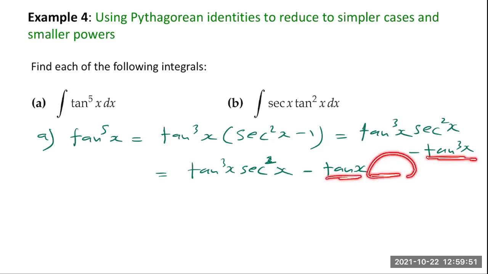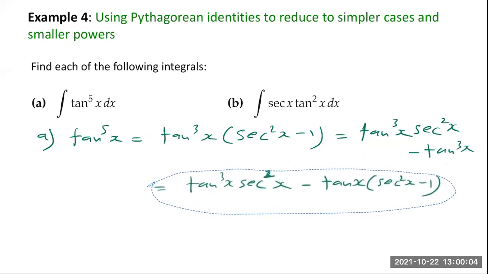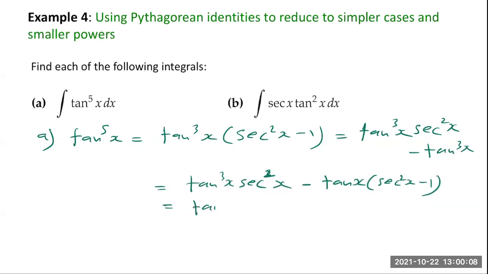But tan squared x is secant squared x minus 1. Again, I'm going to put secant squared x minus 1 here, like in the previous case. Now if you simplify this further, you get tan cube x secant squared x.